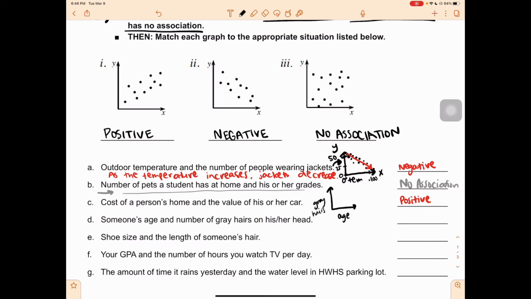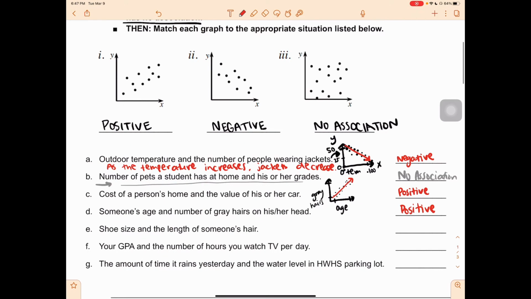So as somebody gets older, what happens to the number of gray hairs on their head if they don't dye it, assuming, right? As somebody gets older, they're probably going to have more gray hairs. The older they are, the more gray hairs they have. The younger they are, the fewer gray hairs they're going to have. So if you look at that data, this once again is a positive trend here.